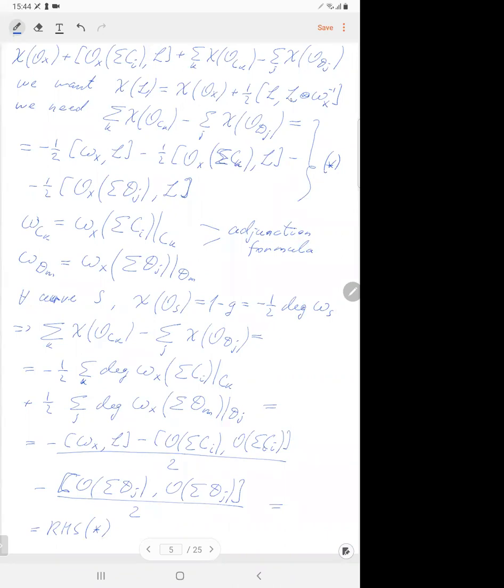Okay, and what we use here is that, if you wish, if I take negative a minus b minus minus b, a minus b, and this is just b squared minus a squared.